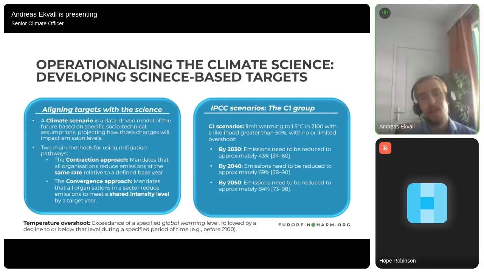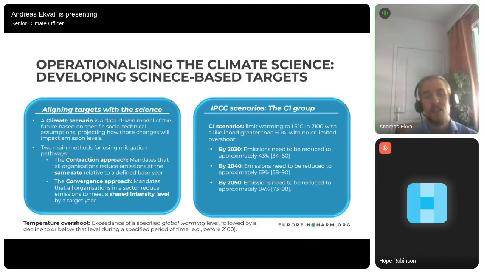When it comes to applying these pathways, there are two primary methods. First, the contraction approach, and this is a uniform model where every organization follows the same target trajectory between a defined base and target year. Essentially, everyone works towards the same reduction and reduces emissions at the same pace. Second, we have the convergence approach.